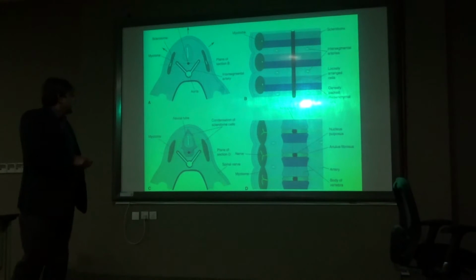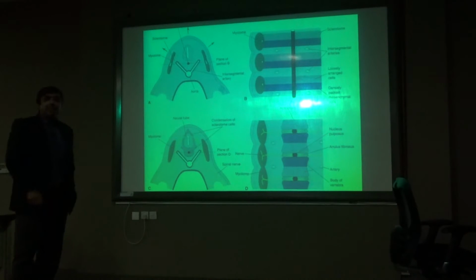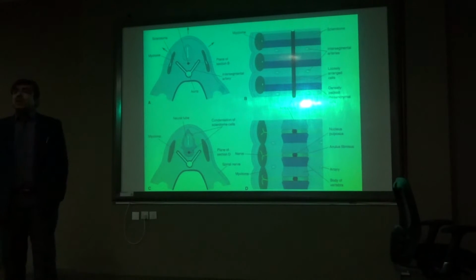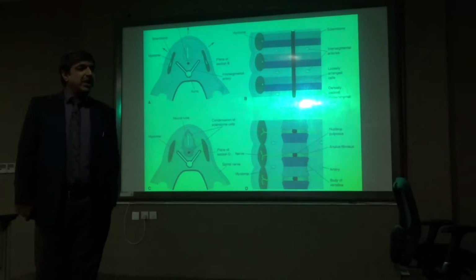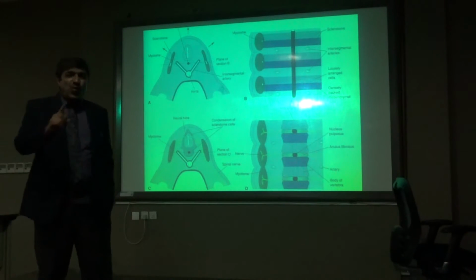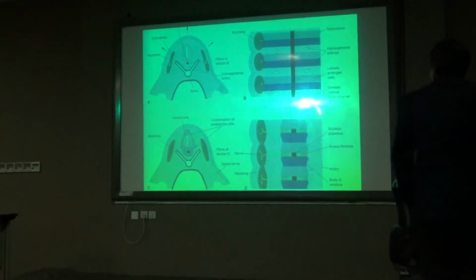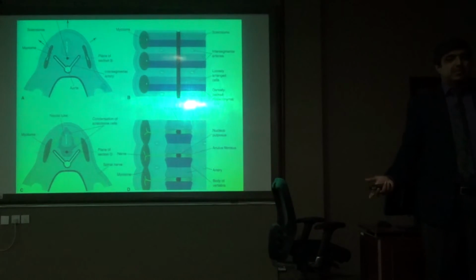When these two portions grow in opposite directions, in the middle there is a gap. This gap is occupied by the intervertebral disc. When the vertebral column is formed, do we need this rod now?